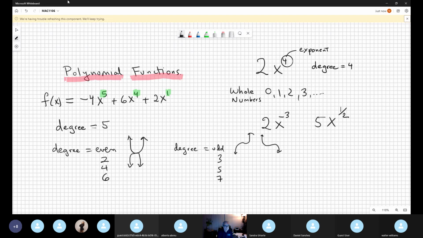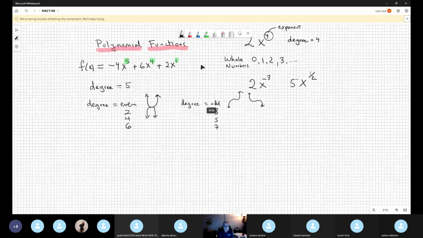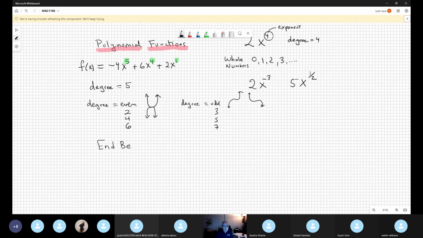And we define, this is the complicated part. Pay attention, please. The end behavior. What is the end behavior? The end behavior expression of this polynomial.